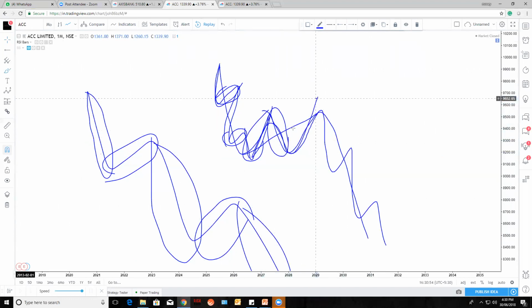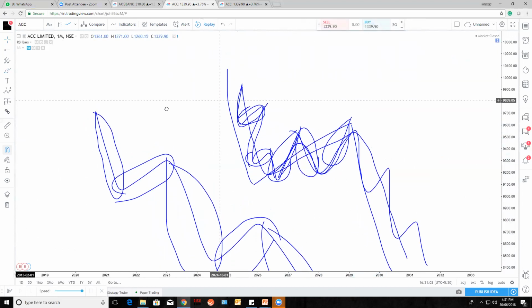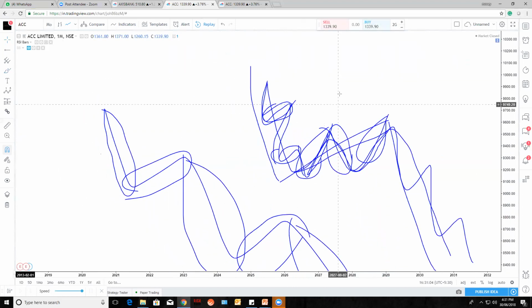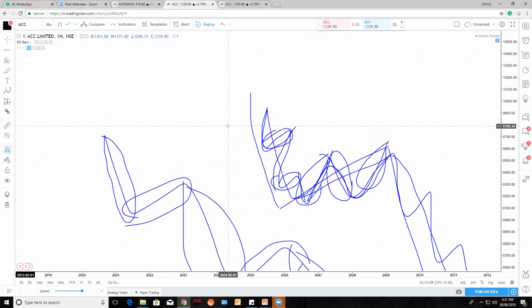It's going in the direction, so it becomes impulse. But in that smaller degree also, you will find impulse, correction, impulse, correction. In every impulse wave you will find impulse and correction, and in every correction you will find impulse and correction.